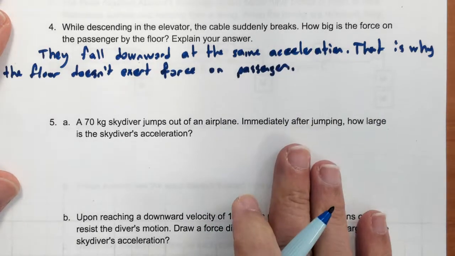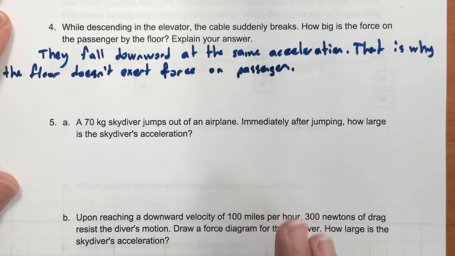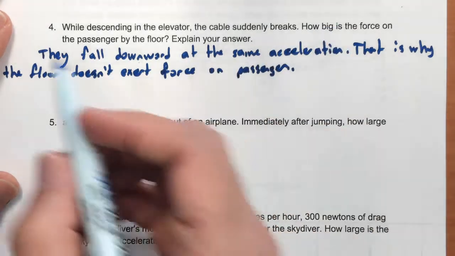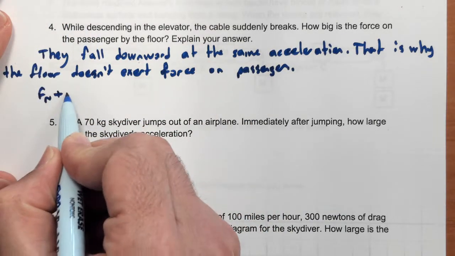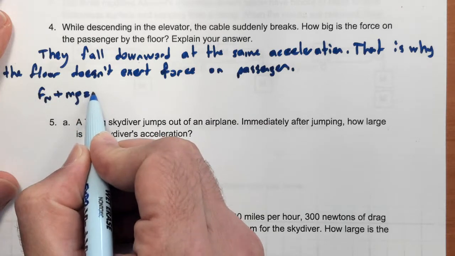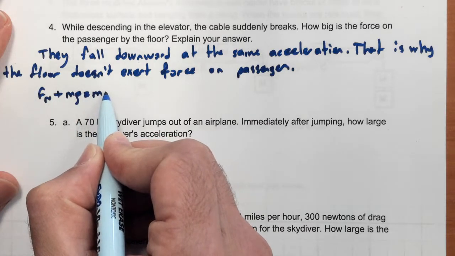Okay, if you want to show it with the equation, let's write down here. Force of normal plus mg equals m times acceleration.